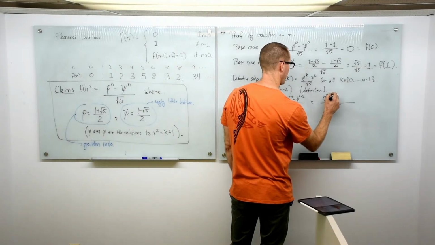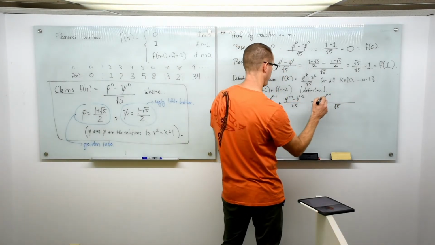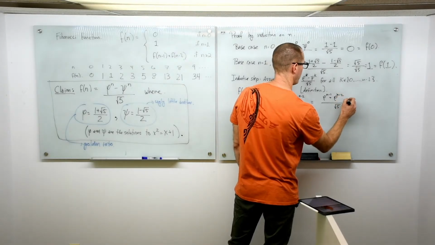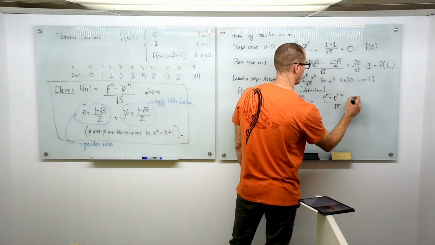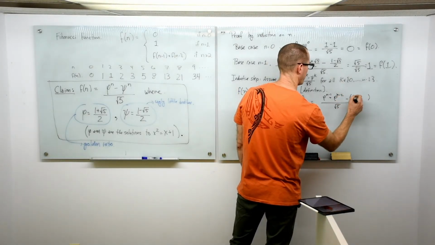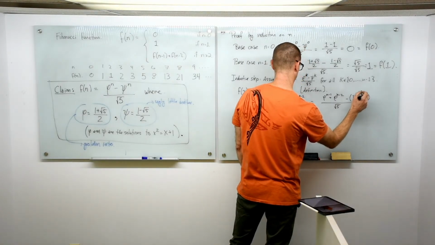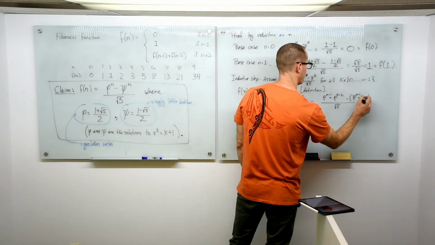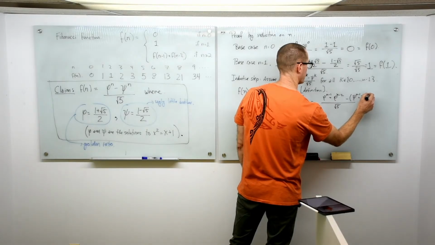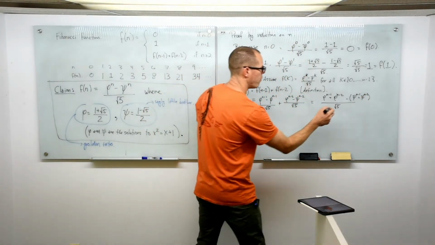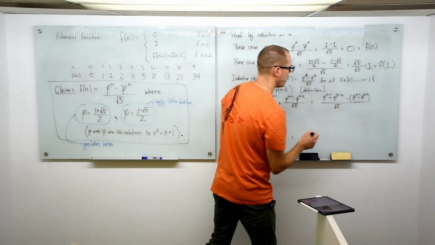So phi to the n minus 1 plus phi to the n minus 2 minus, and I'll write it this way, psi to the n minus 1 plus psi to the n minus 2. Okay. So same formula, written slightly differently.